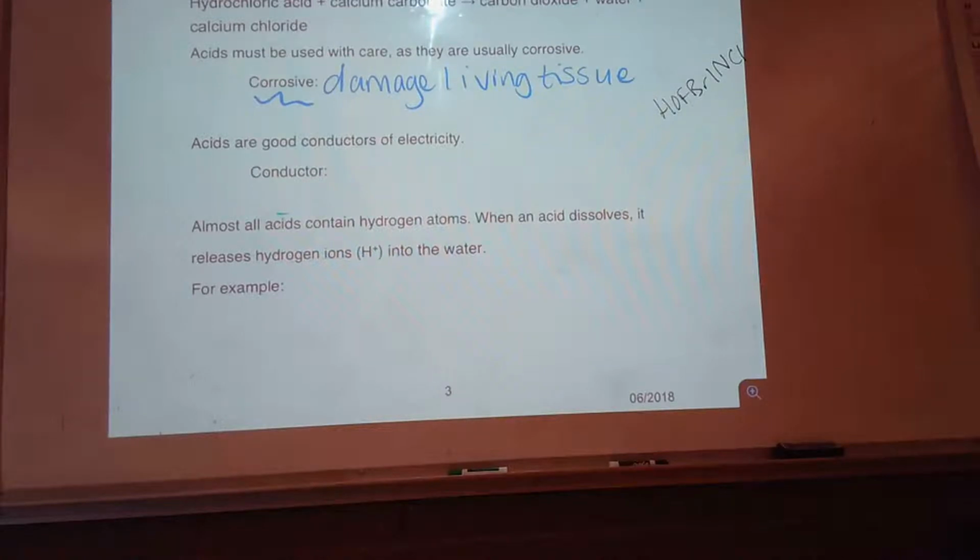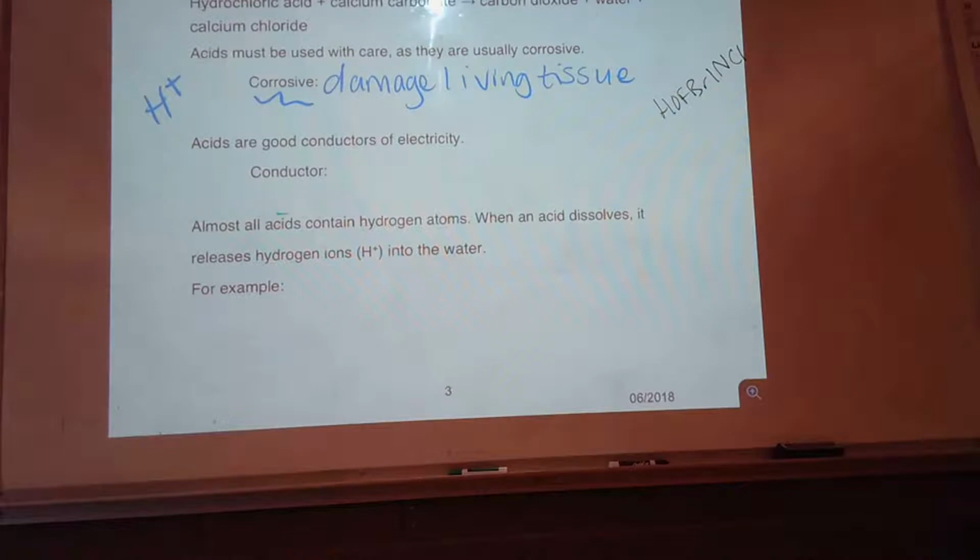And you might wonder why acids are actually corrosive and why they can burn us. It's actually because, and you'll learn more about this if you take chemistry in 40S, acids produce protons. So acids produce these protons, and these protons actually damage the proteins that make up our body.